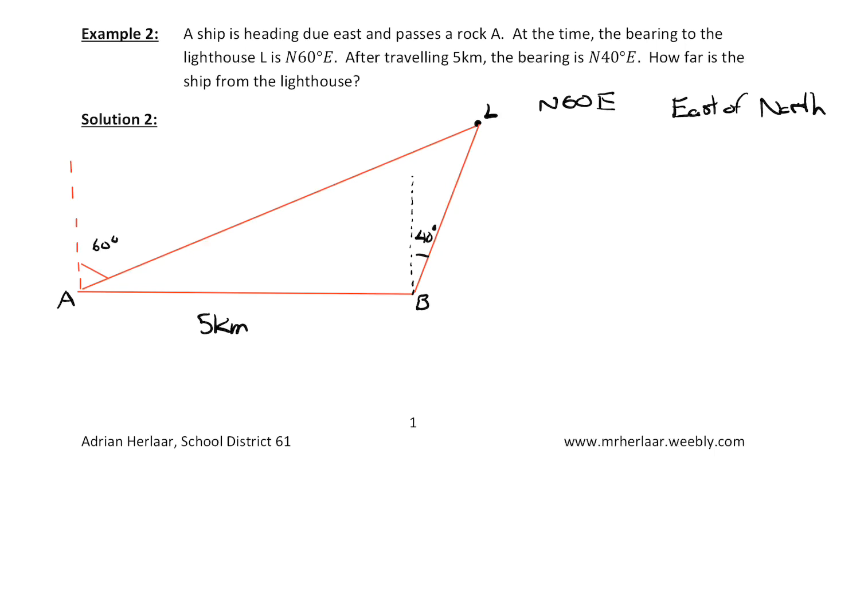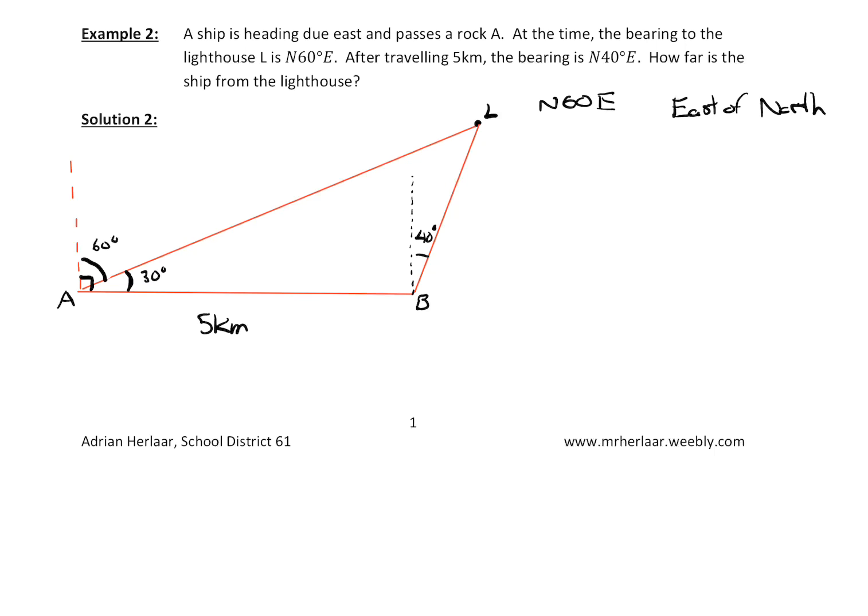Okay? So you know that this is 40 degrees in here. You know that this in here is 60, which means that what is this? Well, if this is north and east, it's 90 degrees, so that means that this is going to be 30, right?